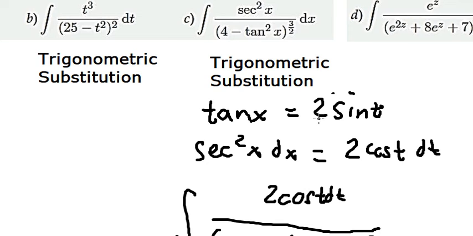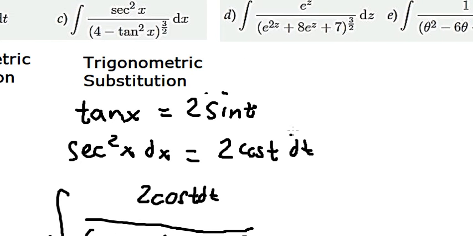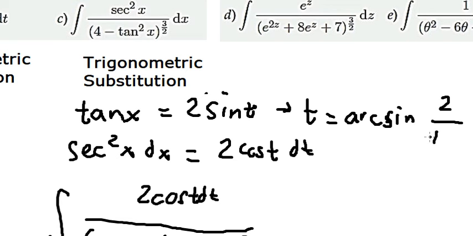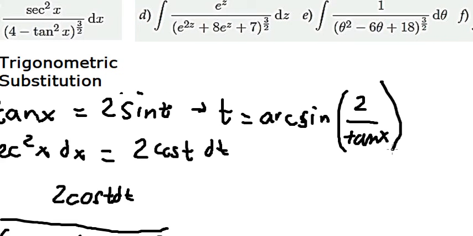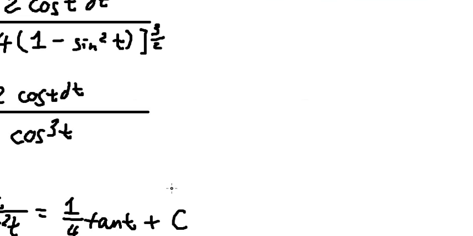So we divide both sides by number 2, and we get t equal to arc sine of 2 over tan x. So we put this one in here.